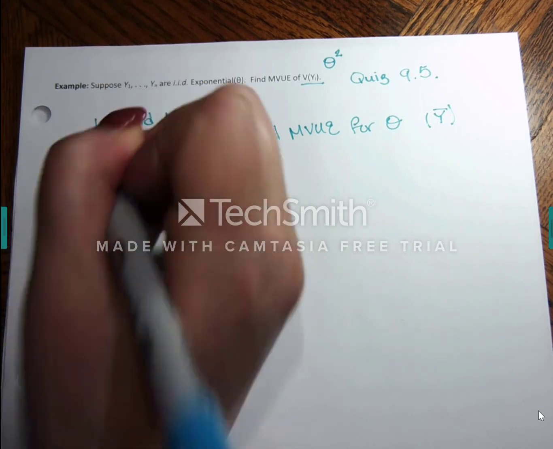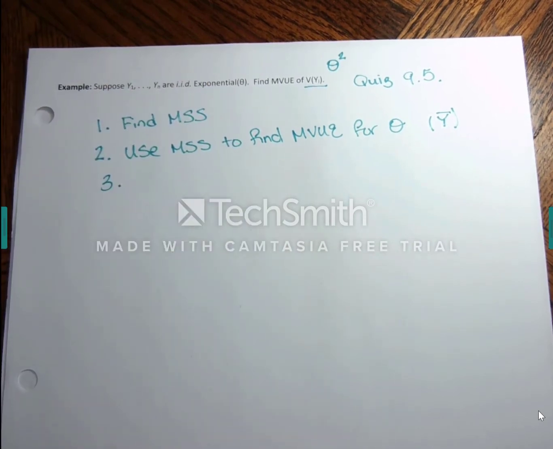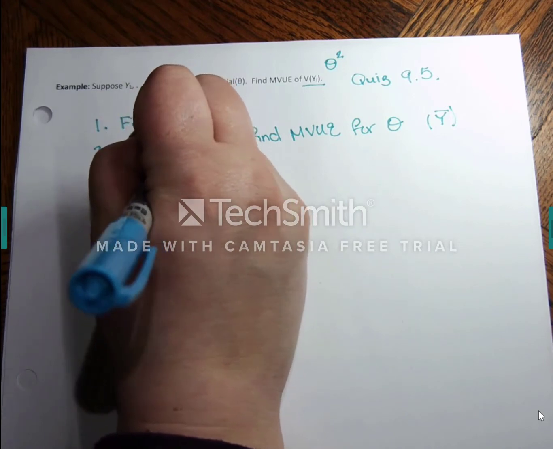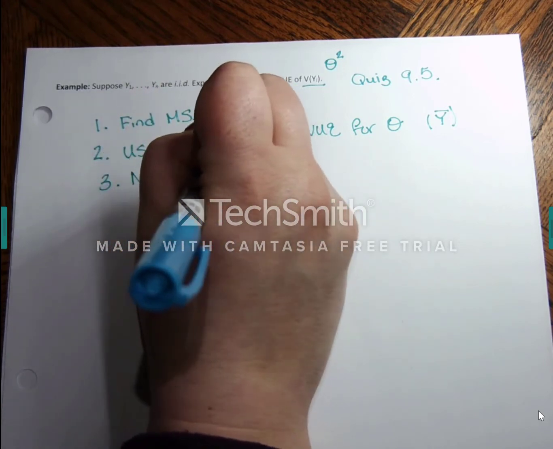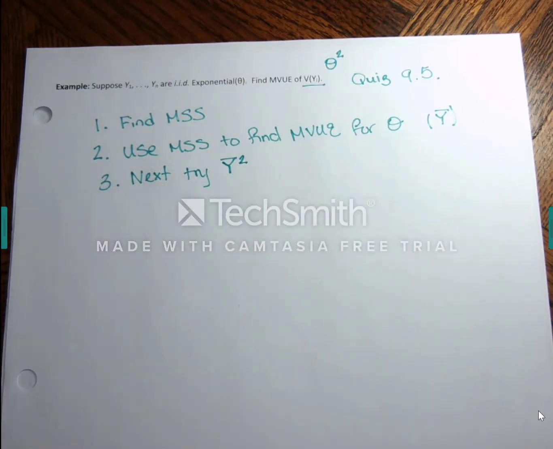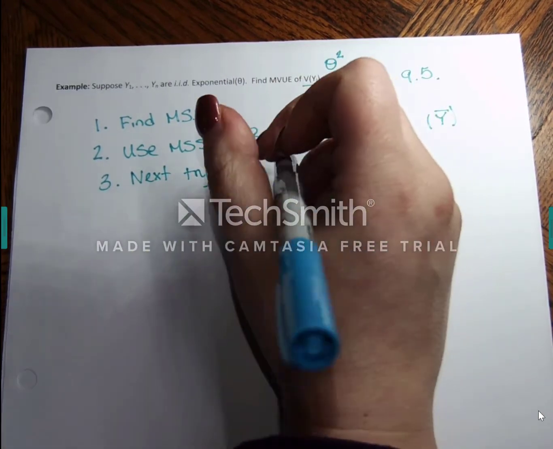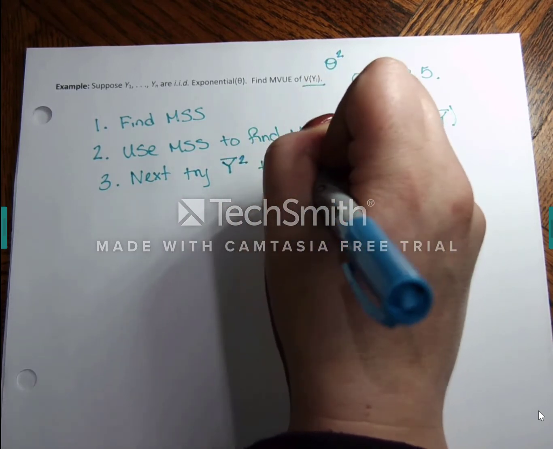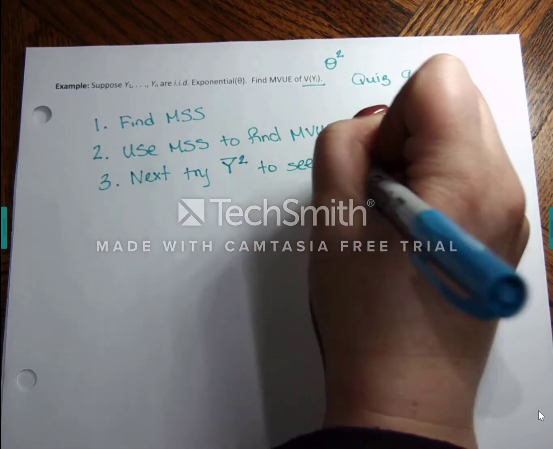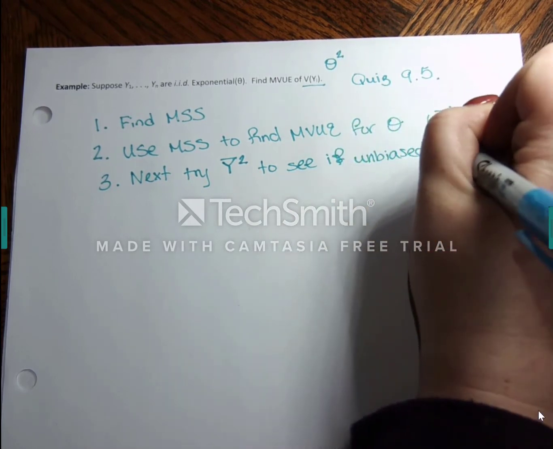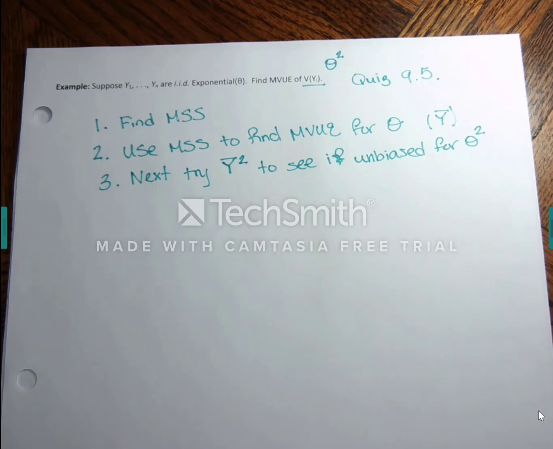Next, remembering that your goal is to find the MVUE for theta squared, what you're going to do next is try to see if y bar squared is unbiased for theta squared. And what you're going to find is it is not unbiased.